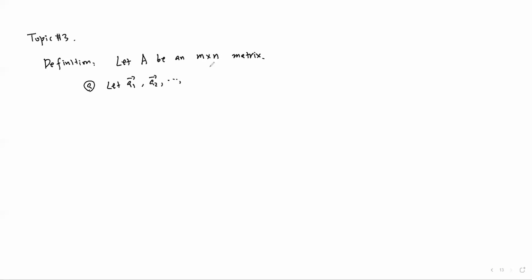I assume the size is M by N, so N columns, up to AN. These are the columns of A. Now let H be the set spanned by the columns.